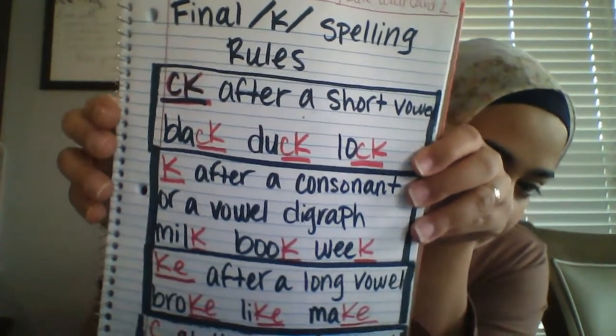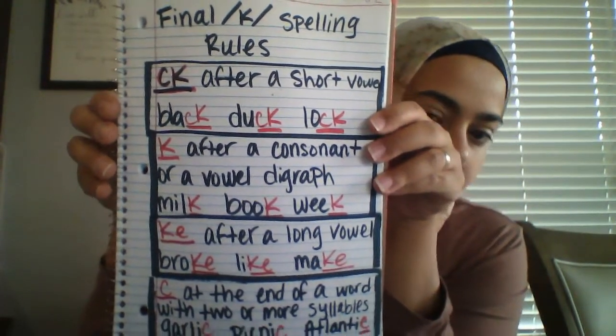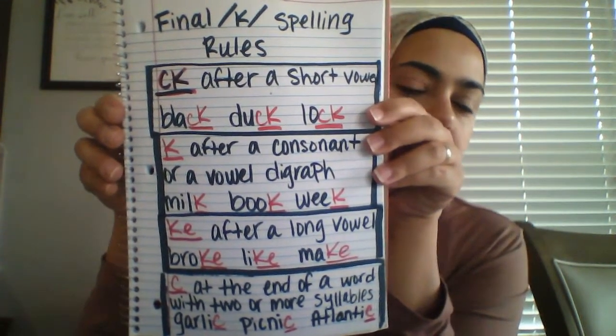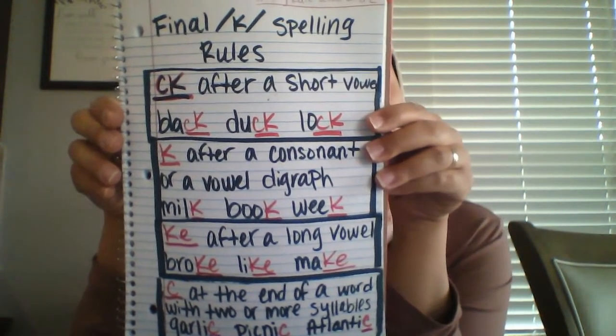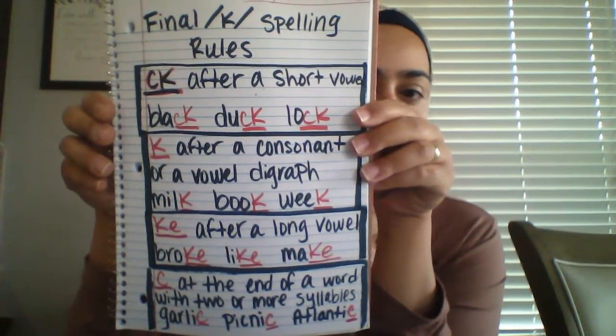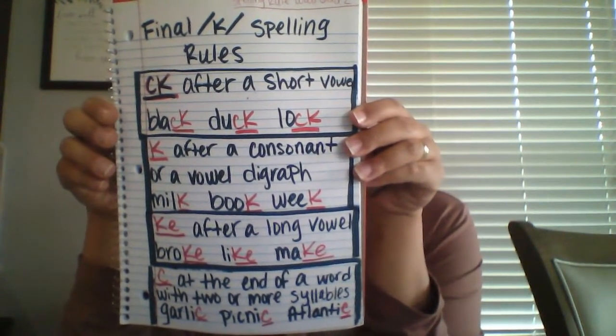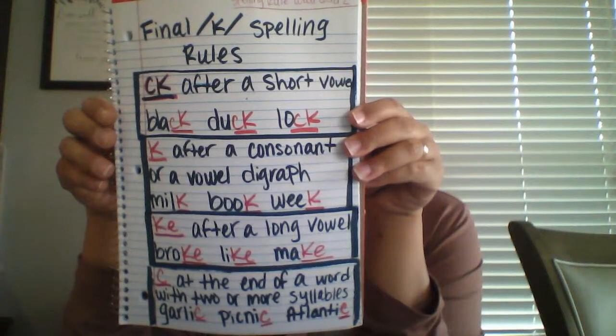I'm trying to make it as clear as I possibly can so you can see it all. There we go. If you need to pause the video now, you can pause it now and then copy this down. Yes, you have to copy it all down. Okay, awesome.